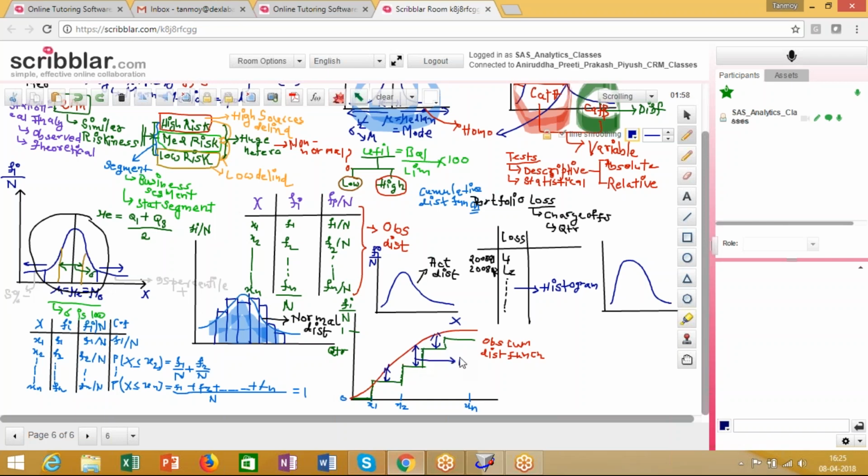If this difference is significant, then we can say that the observed distribution does not approximate the theoretical distribution, which in this case is the normal distribution, right? So up to this point, is it clear?